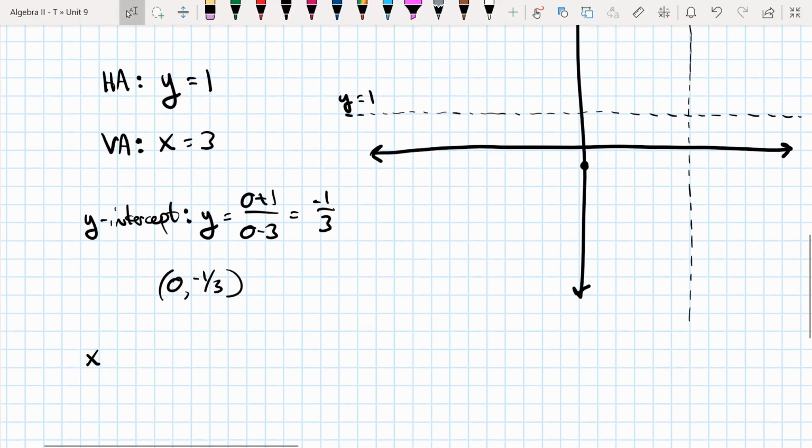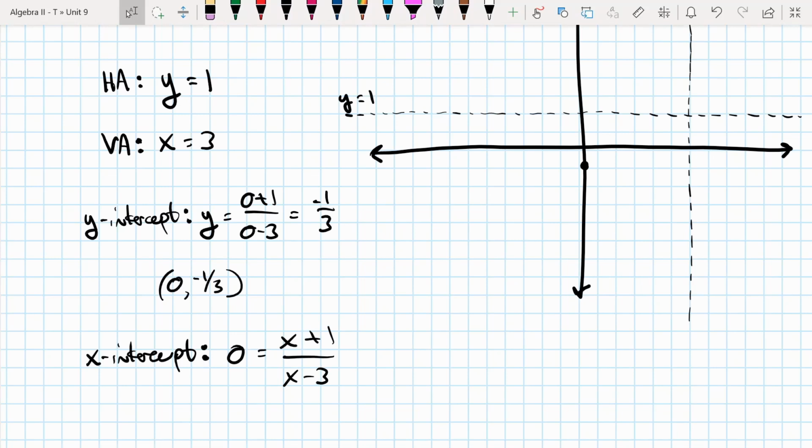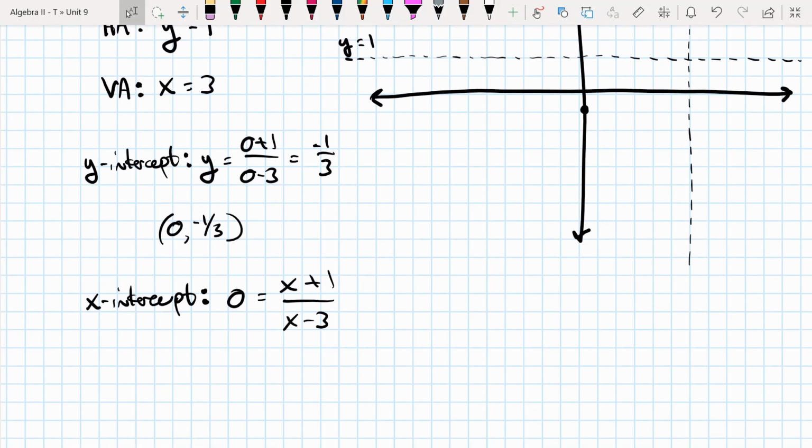And the x-intercept can be found by setting the function equal to 0. So 0 equals (x plus 1) over (x minus 3). In order to solve this, the way you can think about this is we can multiply by x minus 3. And so we end up with just 0 is equal to x plus 1.